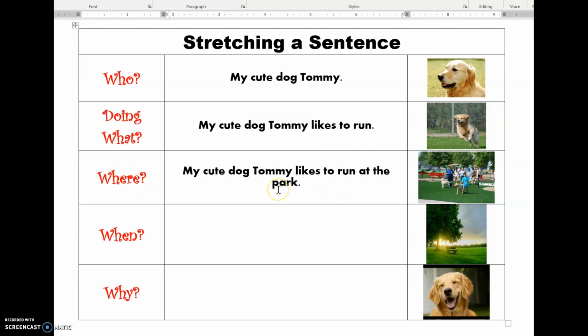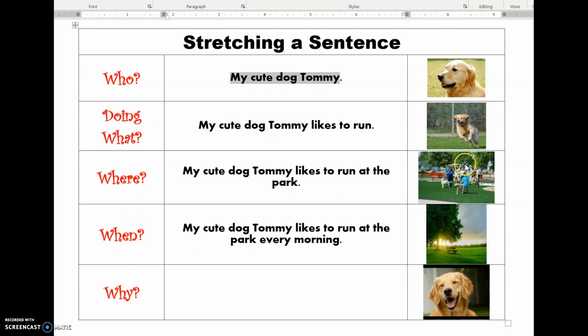Now I can also add what time of the day he likes to run, right? I take him for a run in the morning. So I'm going to say, my cute dog Tommy likes to run at the park every morning.